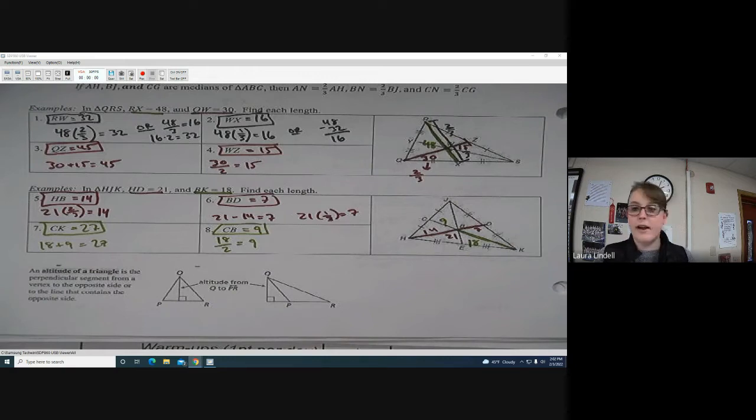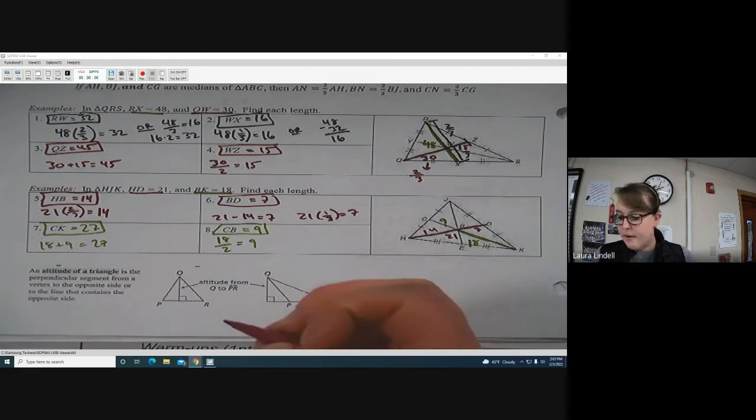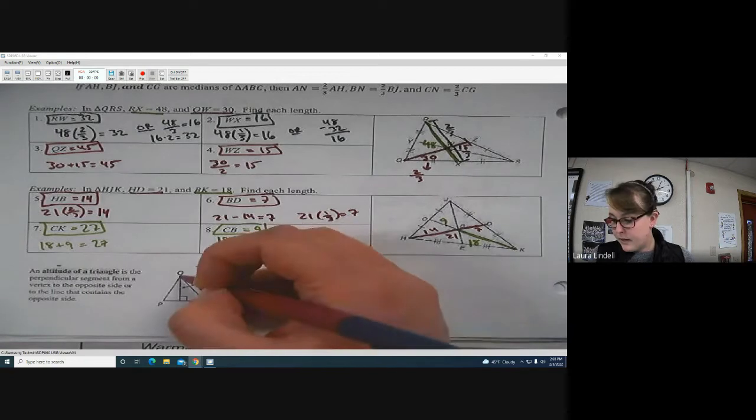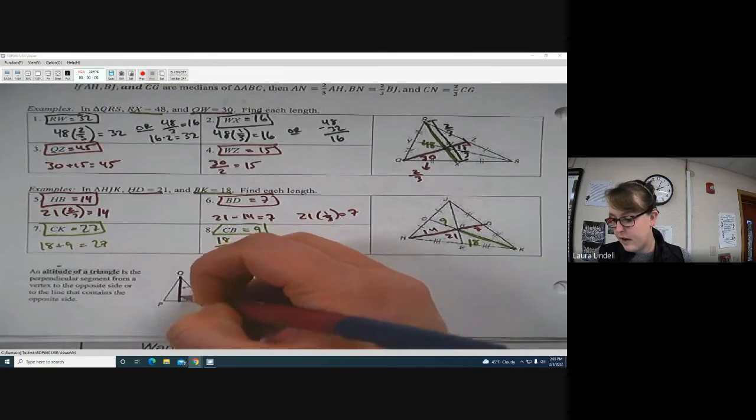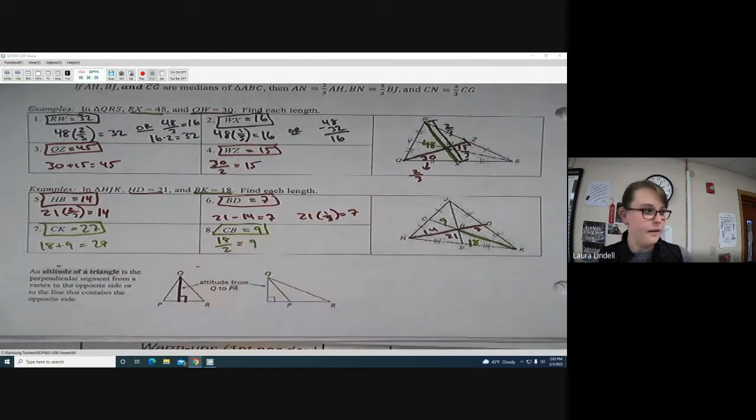Or you might think of height. And in general, height is what we want to think about for triangles with altitude. An altitude of a triangle is a perpendicular segment that goes through one of the vertices to the opposite side. And it should be straight down is what we're thinking of here.